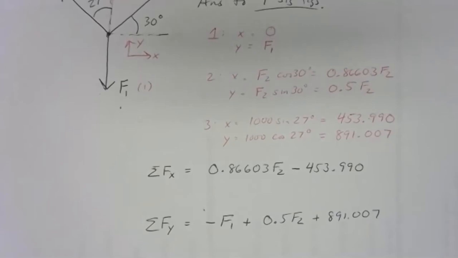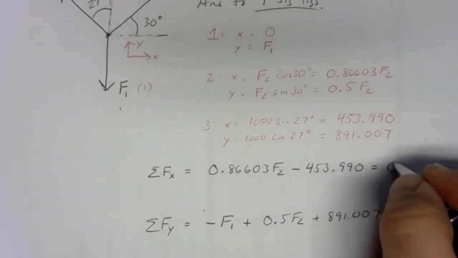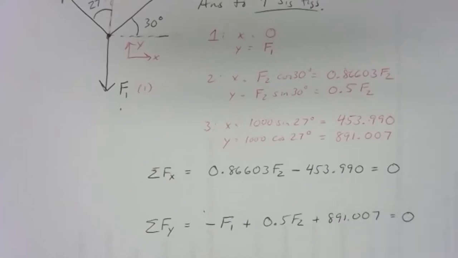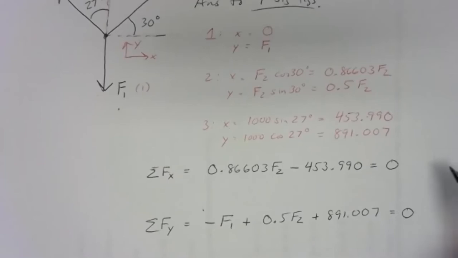Now, if this system is in equilibrium, then the sums must equal 0. And that gives us our two equations. And we're a little luckier in this problem than we were in the last one that we worked out. In this one, we've got a set of equations that we can solve without mixing them together, without eliminating anything.